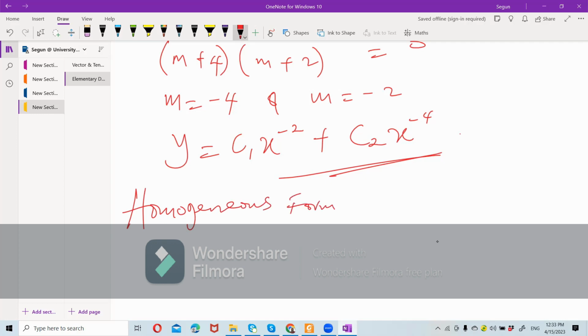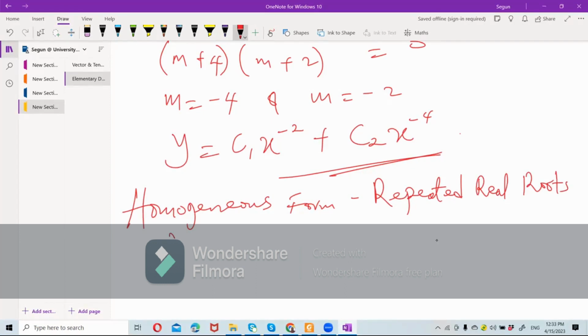Homogeneous form, repeated real roots. So our y for repeated real roots is equals to C1 x raised to power m plus C2 x raised to power m ln x. Please take note of that. ln x.